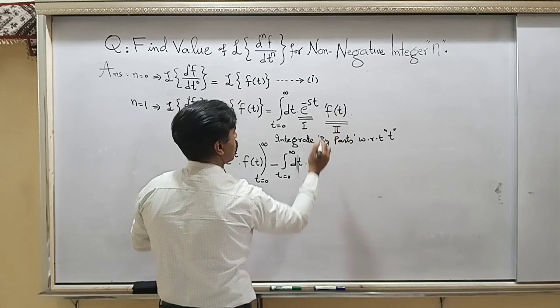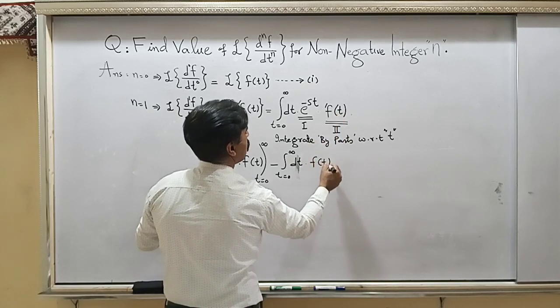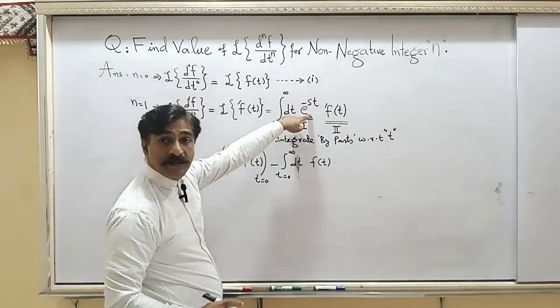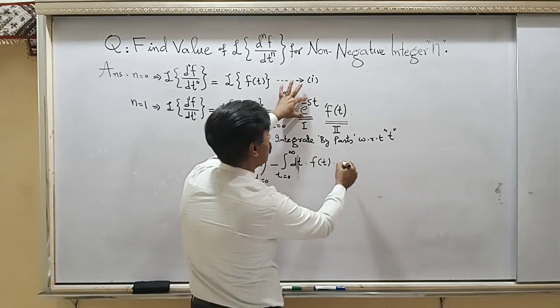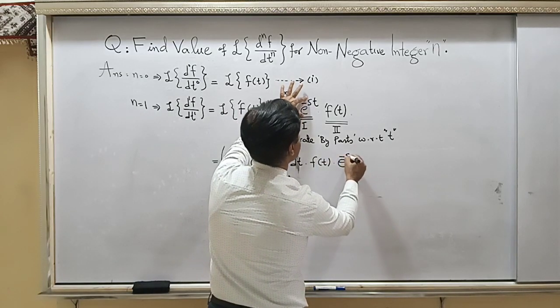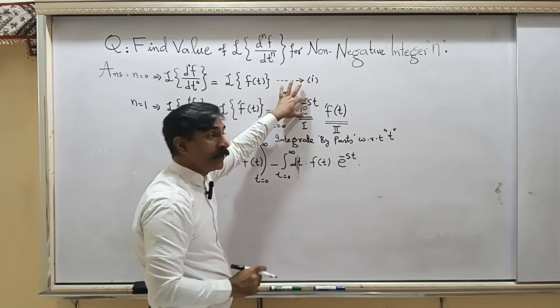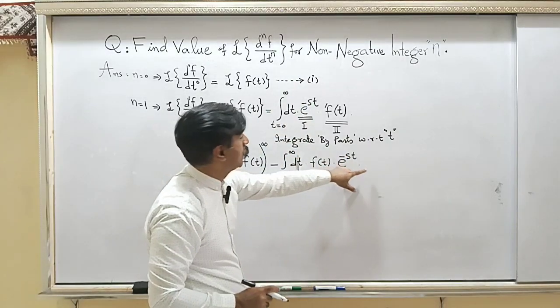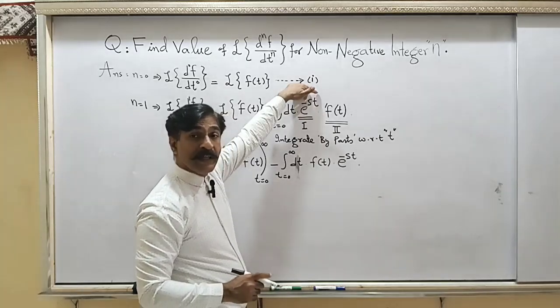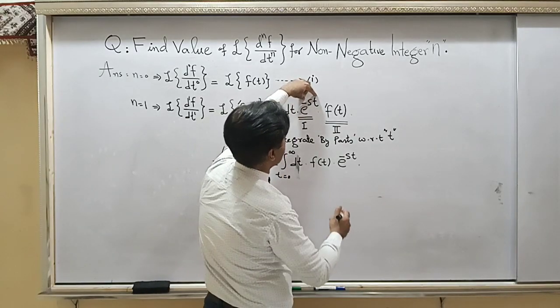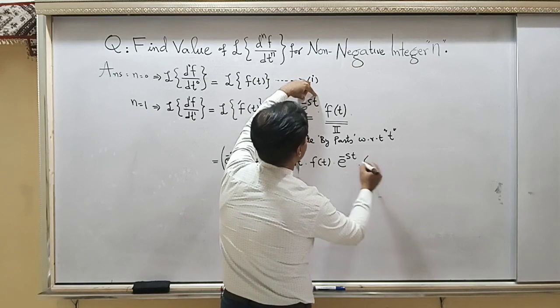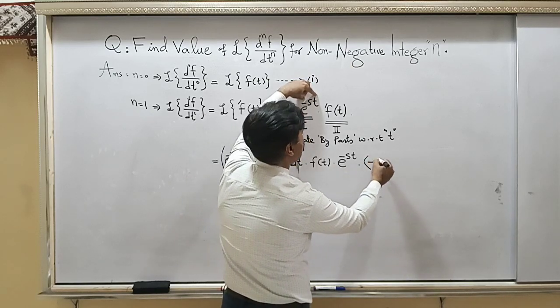Again, f of t into the derivative of the first factor, and this is an exponential, and the derivative of the exponential is the exponential as it is, into the derivative of the exponent, meaning the power of e. This derivative with respect to t will be minus s.